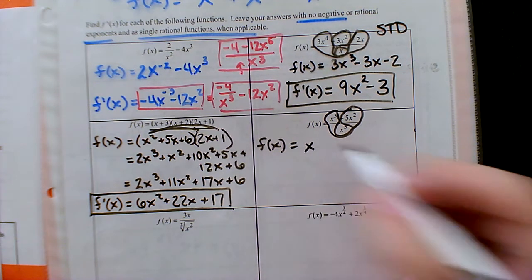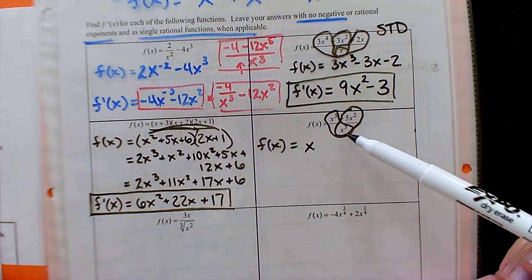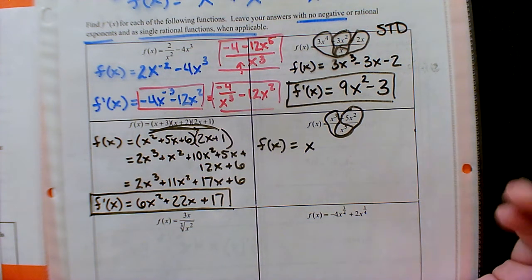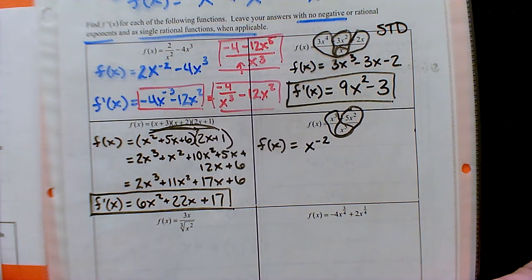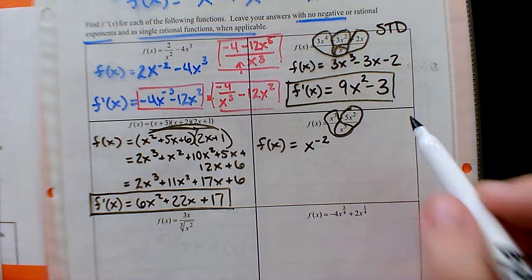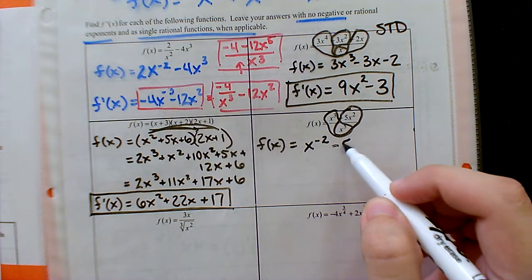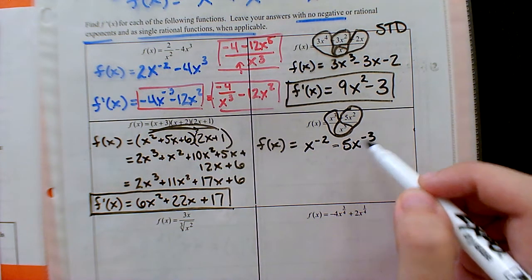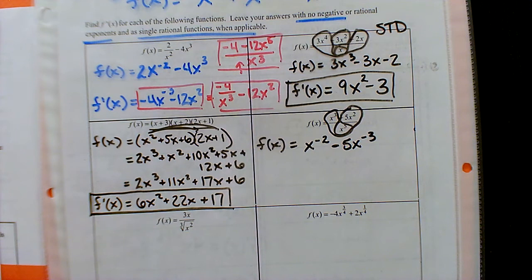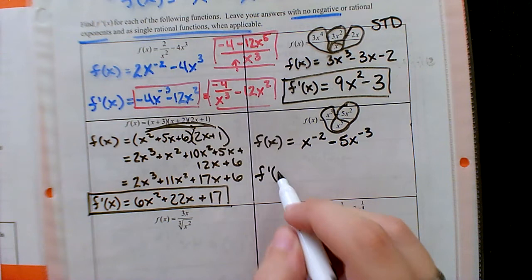We would have 2 x's left in the denominator, but that would still be a fraction. We could move those 2 x's up top as a negative exponent. And kind of the same thing happening with the next term. We would have 3 x's left in the denominator, but we can move those up as a negative power. So now that we have a polynomial, we have x's to some powers.